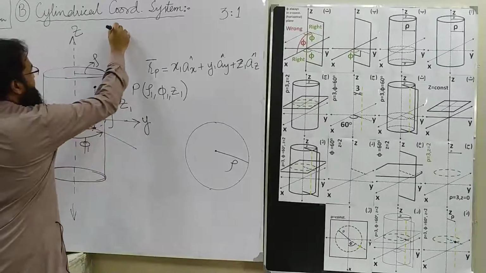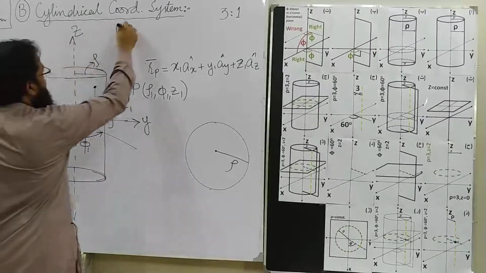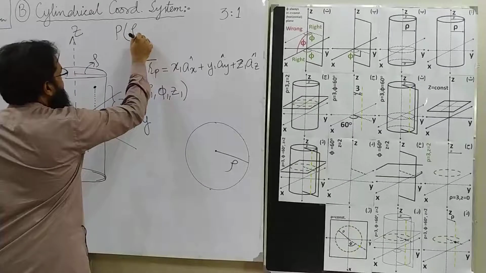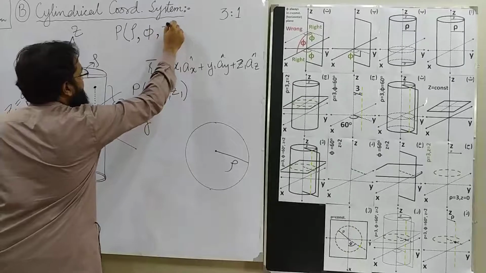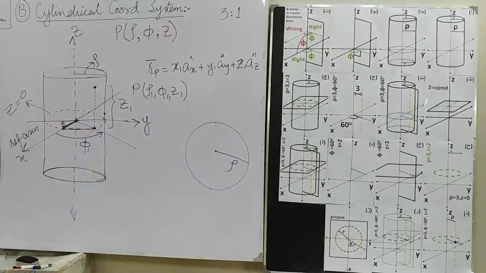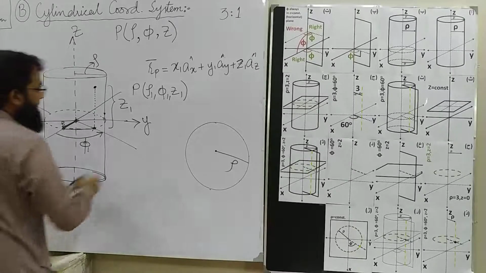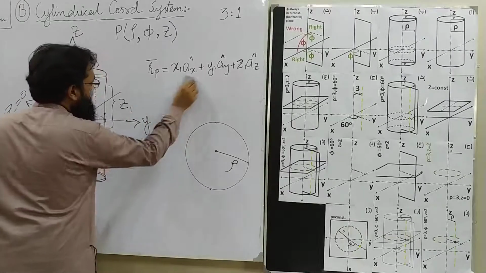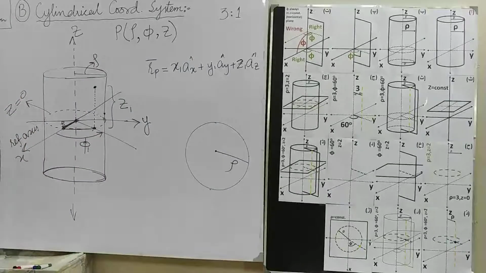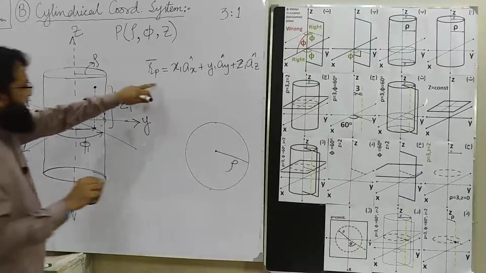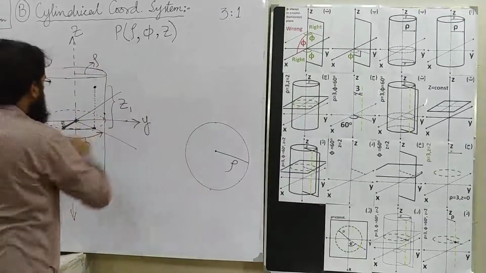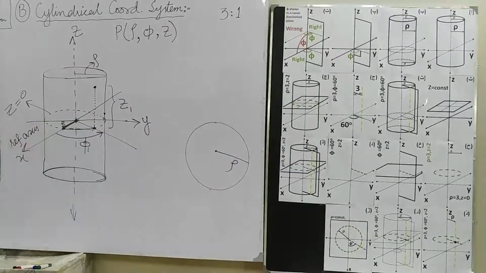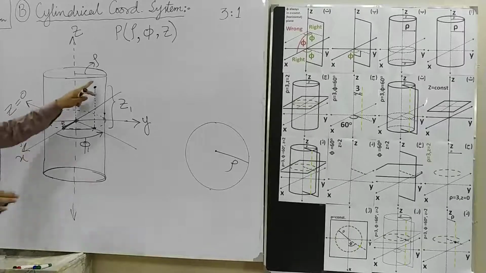So generally, in the cylindrical coordinate system, the coordinates are radius, angle and height with respect to the z axis. That's all. So we should expect a different position vector in the case of the cylindrical coordinate system. Now we have defined how to reach here.